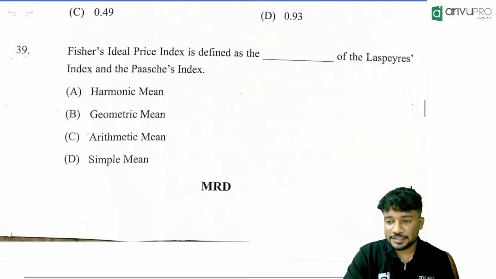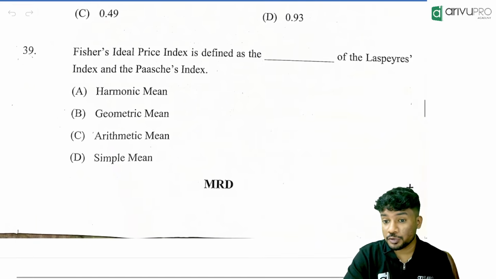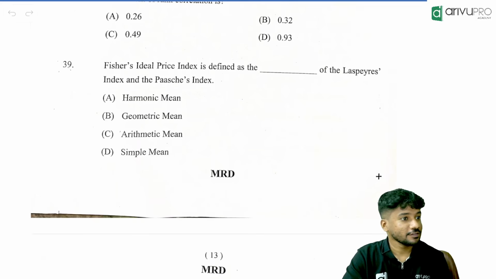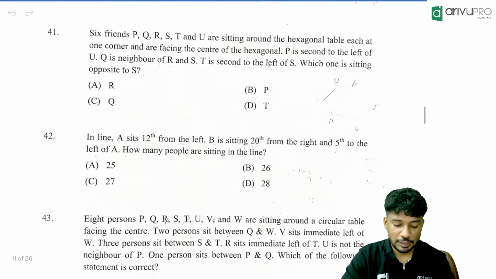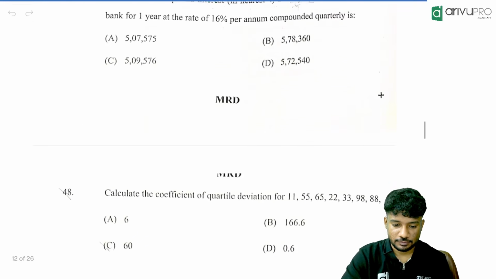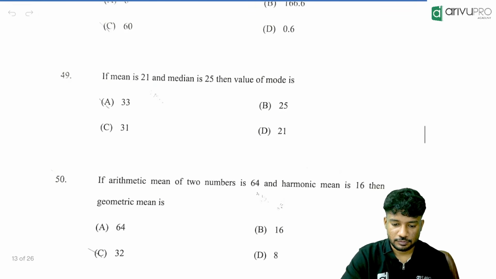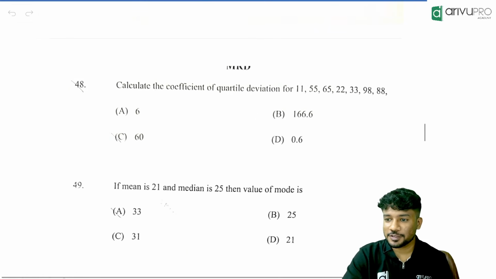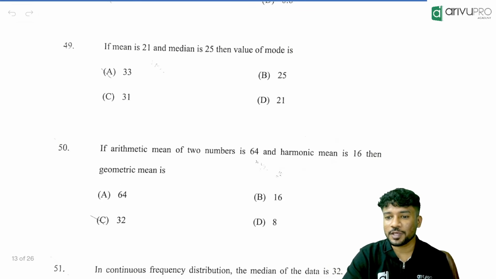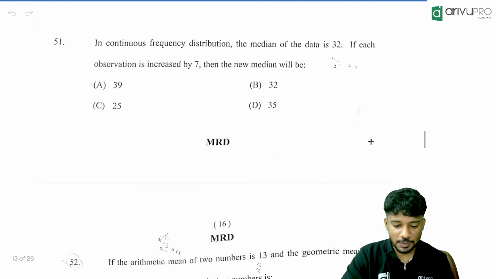Can anyone tell me this answer? January 26 question only. Fisher's ideal index number is defined as the dash of geometric mean. Good. Can you calculate this? Possible, right? Coefficient of quartile deviation. Mean and median are given. Mode. Mode is equal to how much? 3 median minus 2 mean.